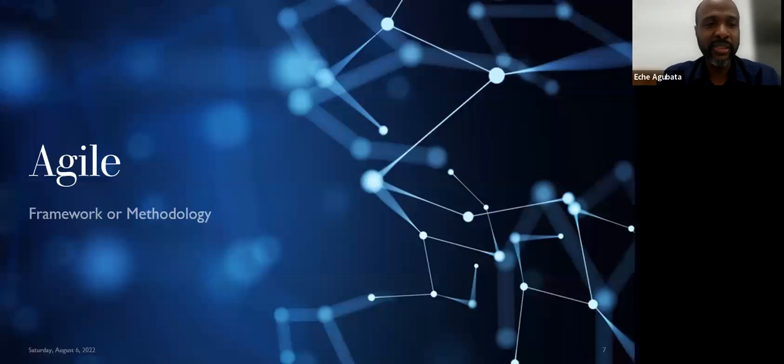So let's go into Agile. Is Agile a framework, or is it a methodology? Just like the thought process I read earlier, comprehensive documentation is important, but working software is more important. So whether you call Agile a framework or a methodology is not important at all.